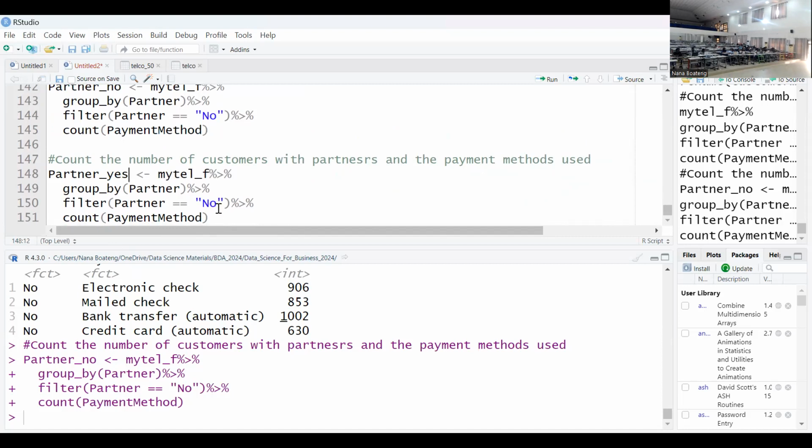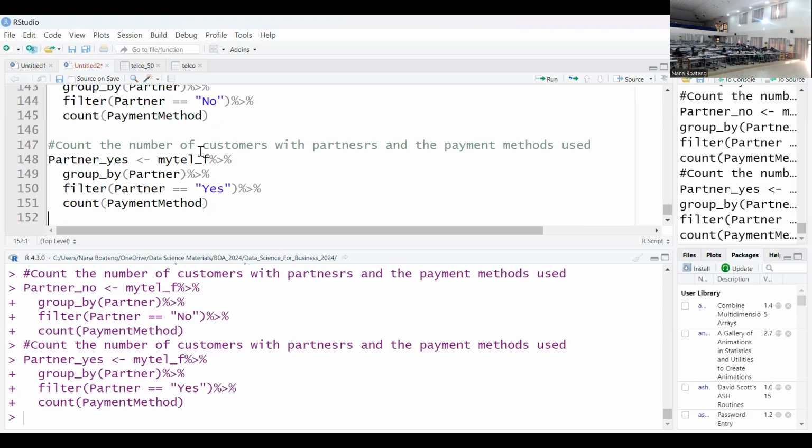And then it's still the same syntax, just a few things we change there. And then we change the no to yes here. All right. Let's run this. So what we call partner yes.